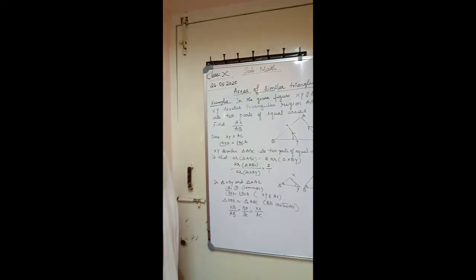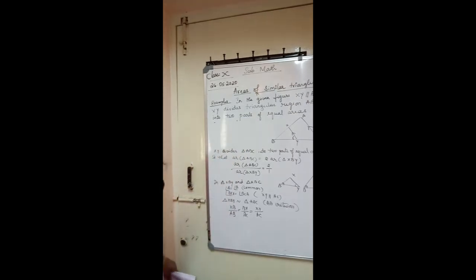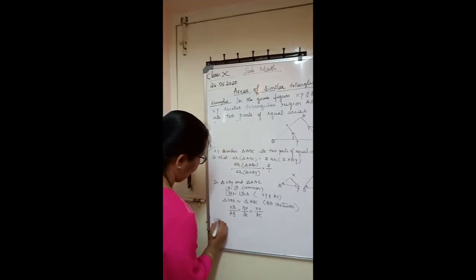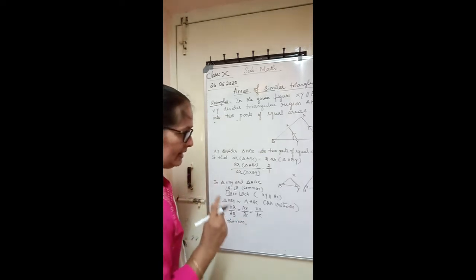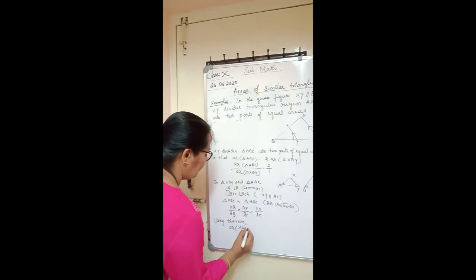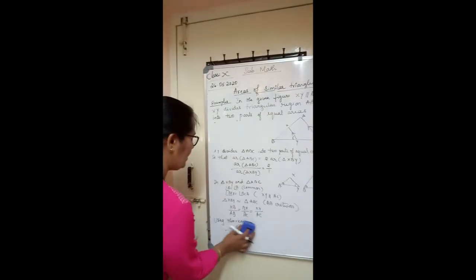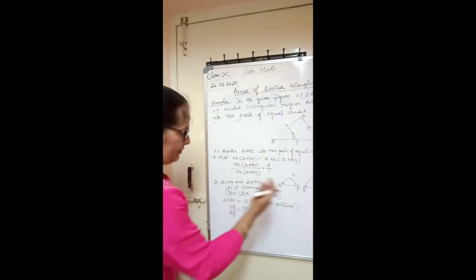Now, using the theorem on the ratio of the areas of similar triangles, I will take the small triangle first, because we had taken the small triangle's ratio first.